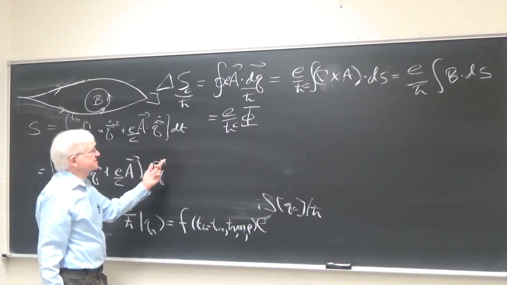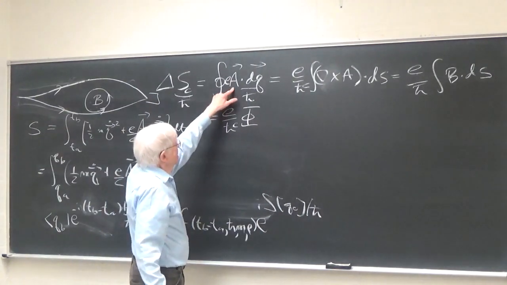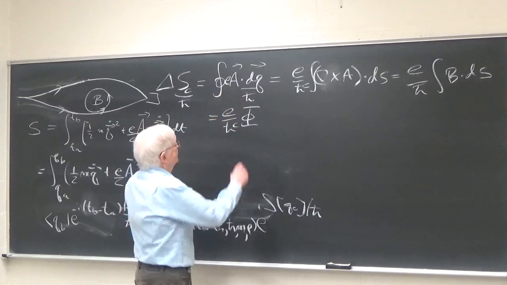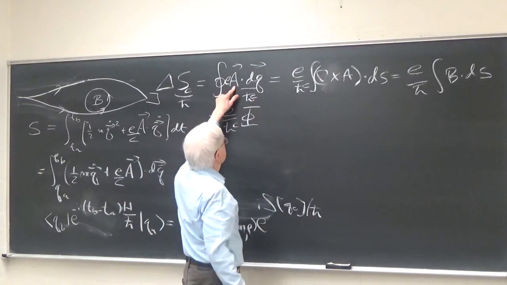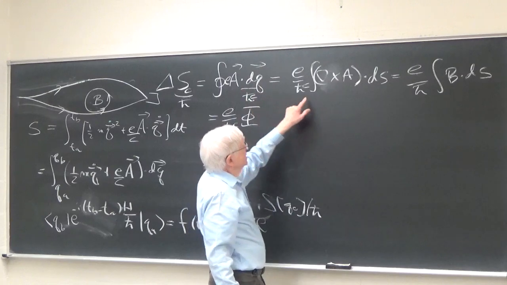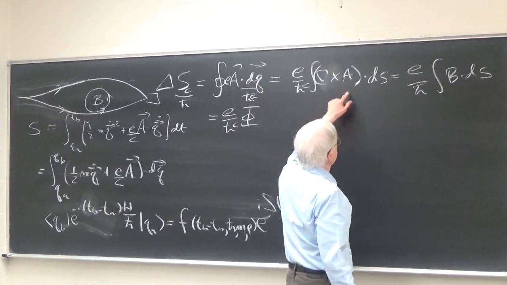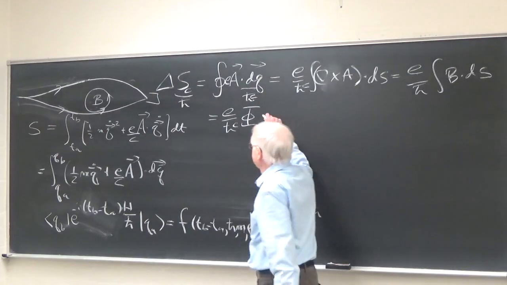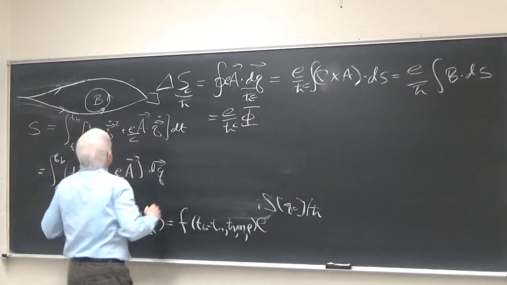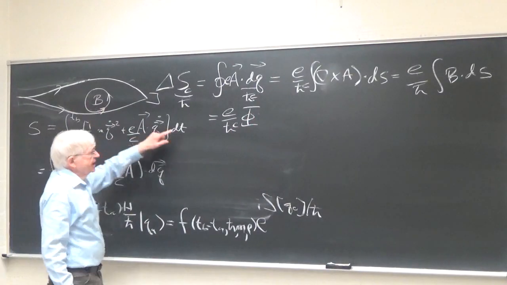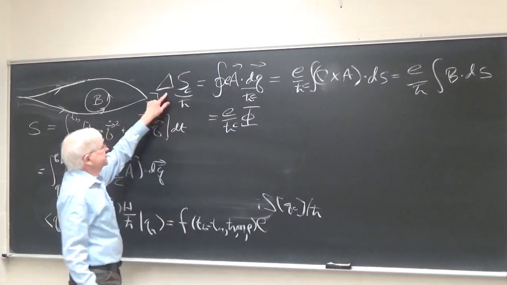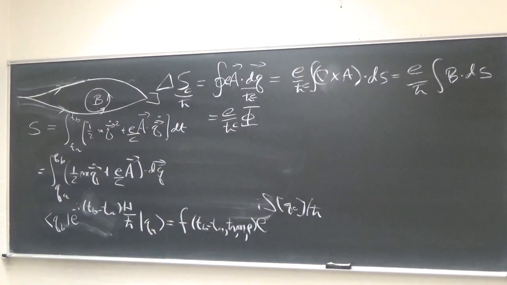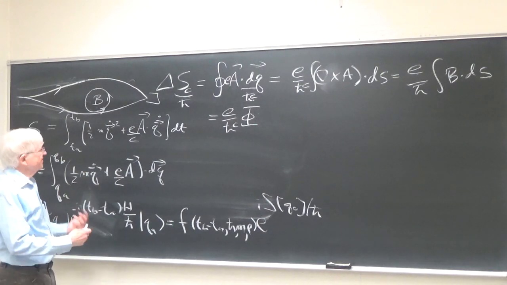So the part that's just the magnetic field is an integral e over h bar c, A dot dq. This is the curl of A integrated over the surface, and that's B. So that's the magnetic flux through the surface, multiplied by e over h bar c. That's the change in the action over h bar, and so that is the change in the phase.